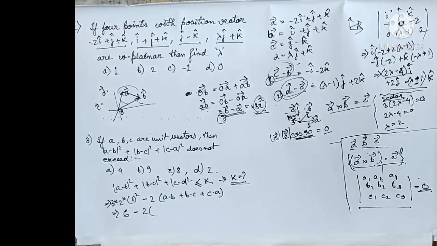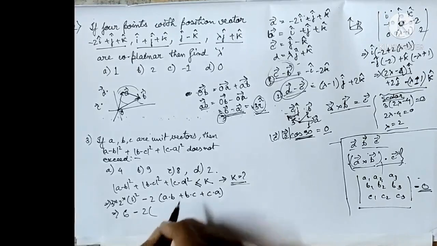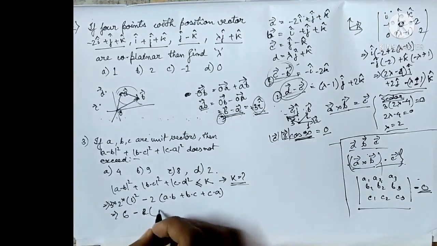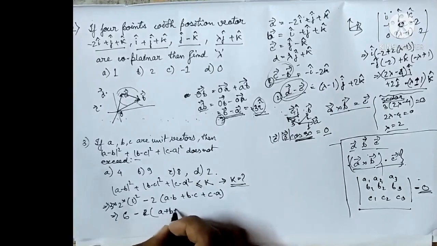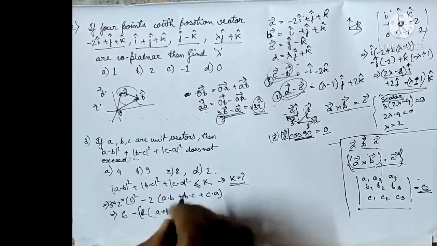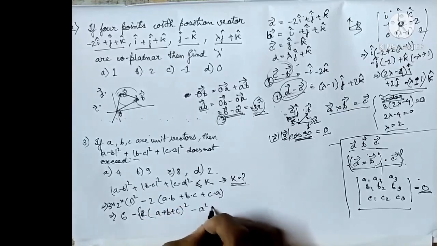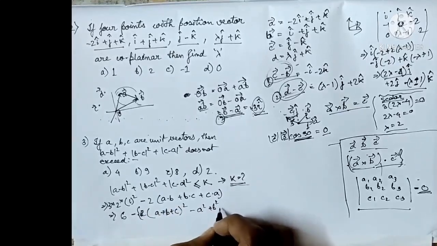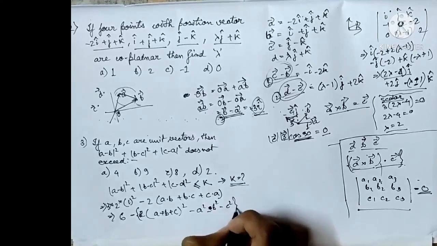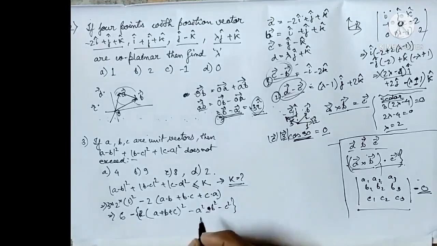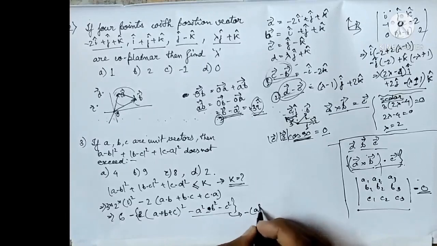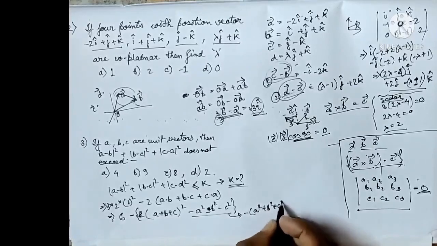So we are using that algebraic formula here and transforming it into a plus b plus c whole square minus a square minus b square minus c square.